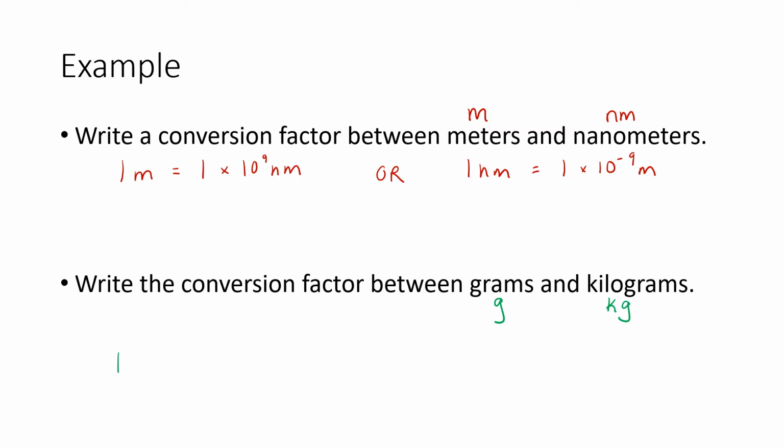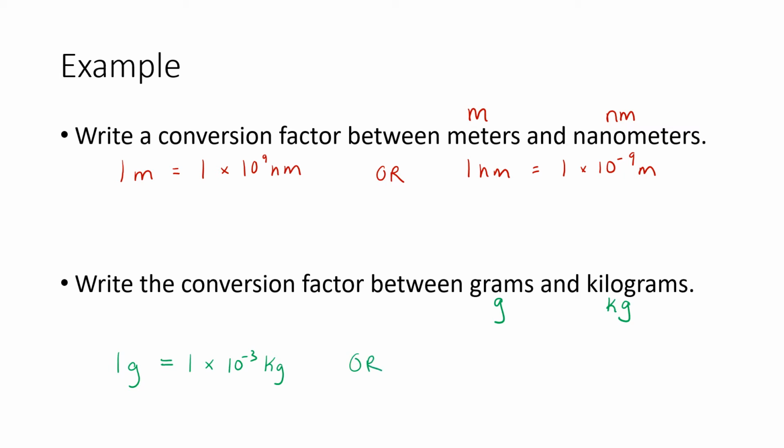First, we could say 1 gram is equal to 1 times 10 to the negative third kilograms. So there's going to be a small amount of kilograms in 1 gram because kilograms is the larger unit in this case.